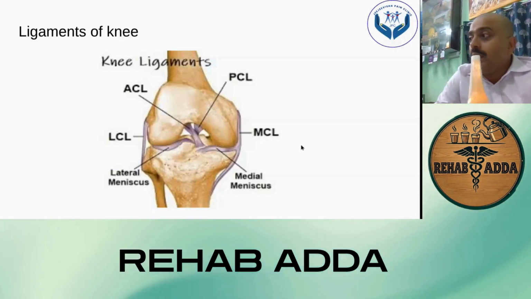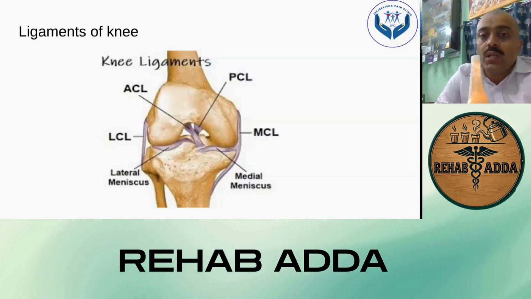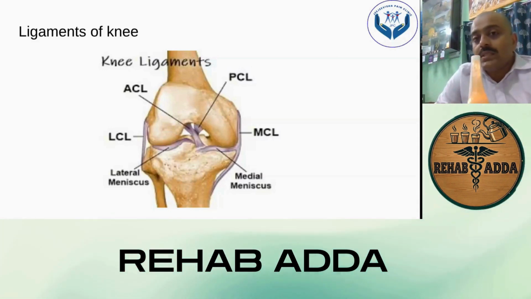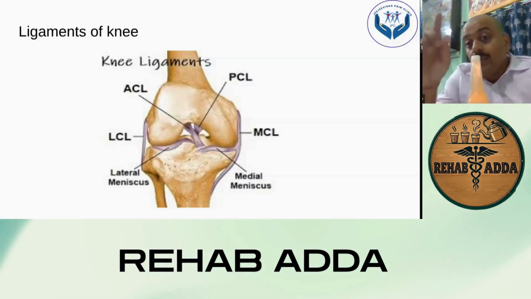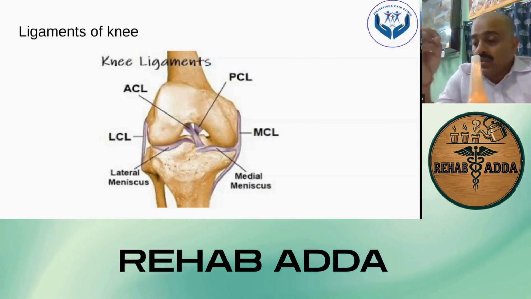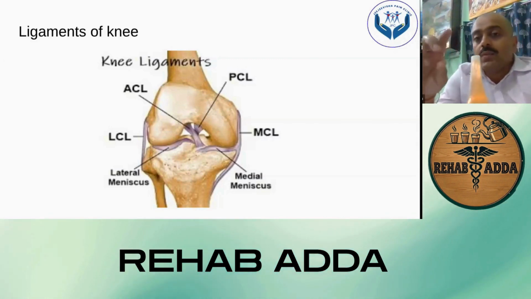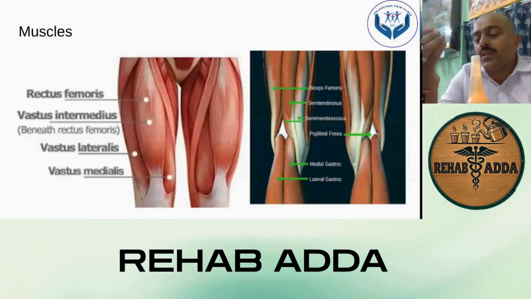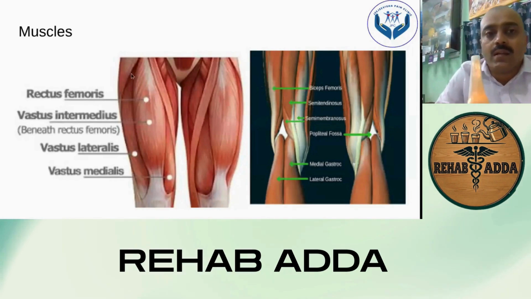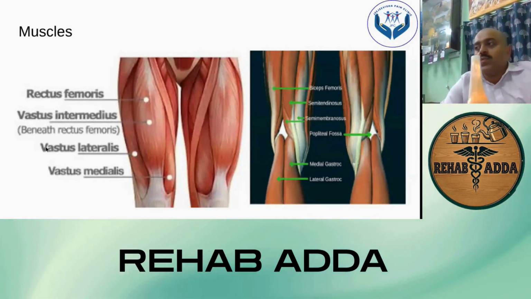There is no direct joining between them. So remember that if MCL, medial meniscus, and ACL, all three are involved, then it is the unhappy triad. Otherwise, if there is an MCL tear, there is always a chance of a medial meniscus tear, which is best checked through the MRI.